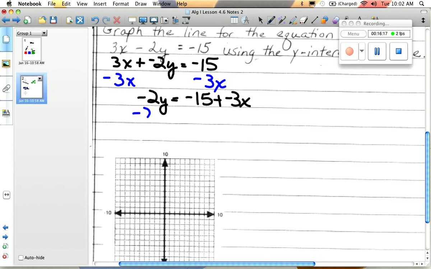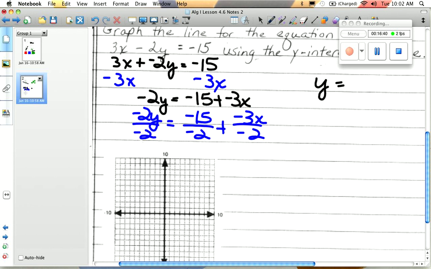So negative 2y gets divided by negative 2, negative 15 gets divided by negative 2, negative 3x gets divided by negative 2. Kind of ugly. Only one even number up there to divide into. So what does our equation become? y equals 7.5 plus 3 over 2x.